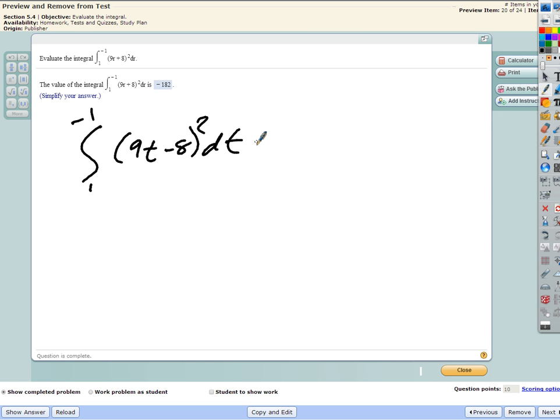Expand it out. Yeah, I've got to expand out the integrand, and then I'm just going to get a polynomial, which is easy. I'll integrate term by term and evaluate the antiderivative at 1 and subtract from that the antiderivative evaluated at -1.